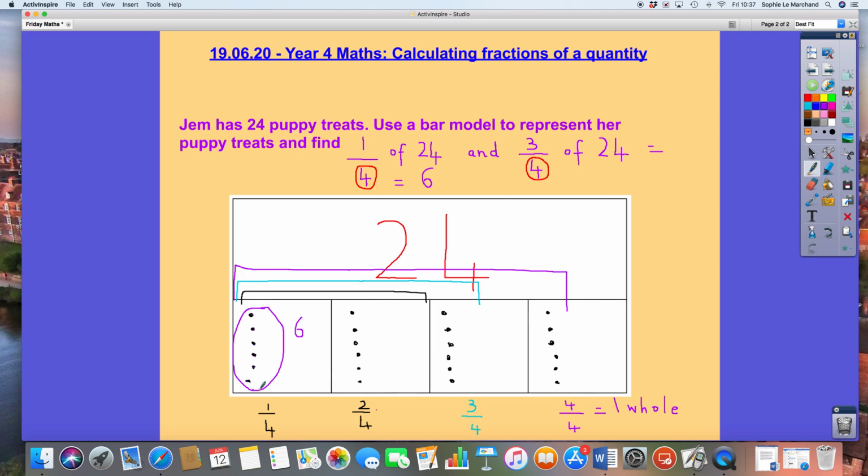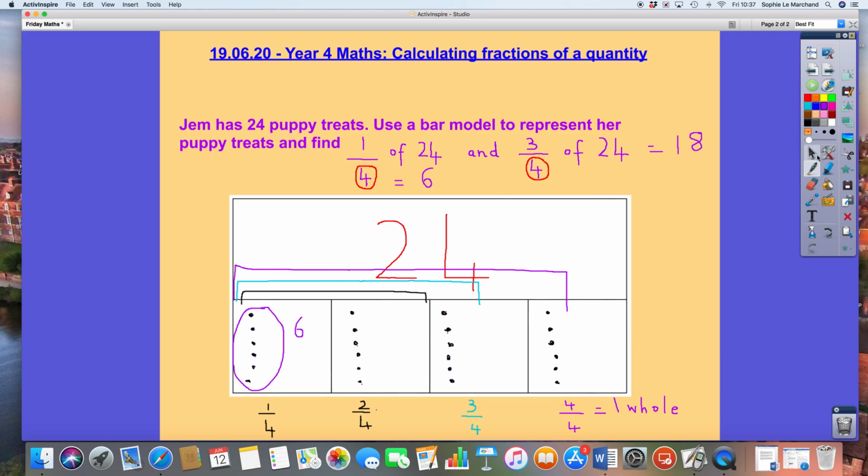So we know we've got 6 here, and we're going to carry on counting. 7, 8, 9, 10, 11, 12, 13, 14, 15, 16, 17, 18. So 3 quarters of 24 is 18.